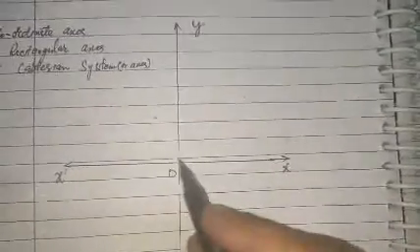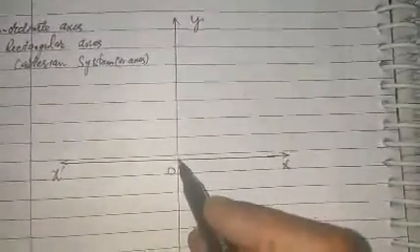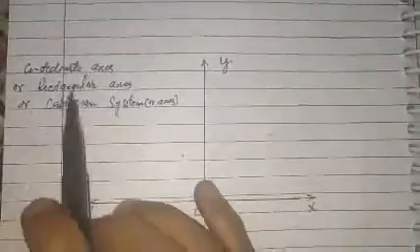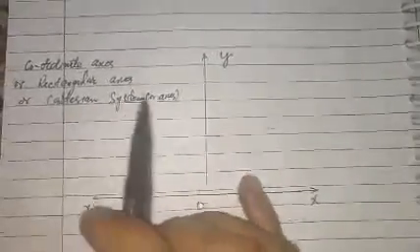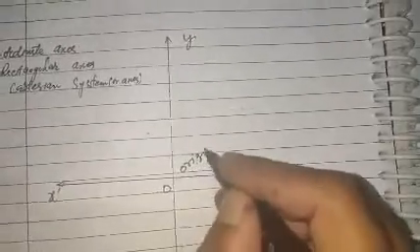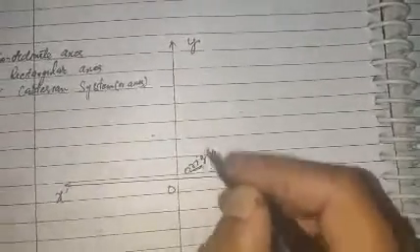Intersecting each other at the point O, they are called coordinate axes or rectangular axes or Cartesian system. The point O is called the origin for this system.